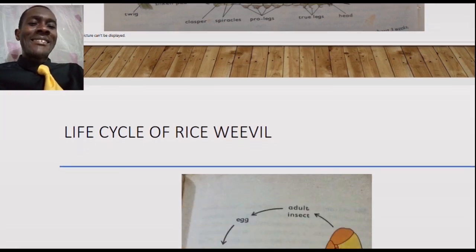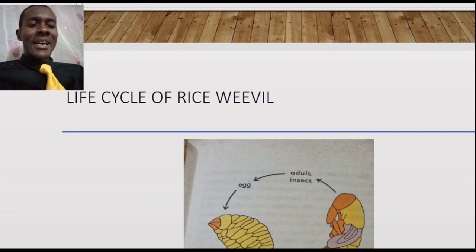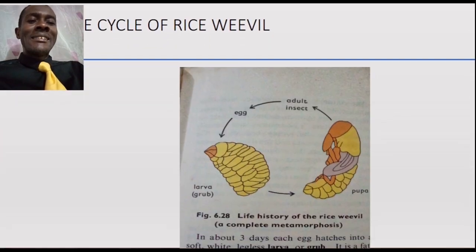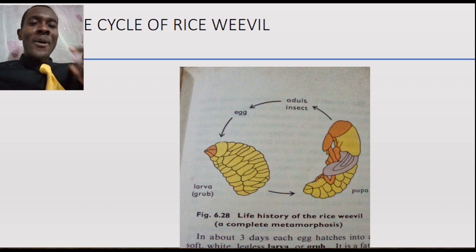The rice weevil is a rice crop pest. It feeds on rice grain. It reduces the quality of rice products. It attacks rice in such a way that it can even transmit some diseases and pathogens to the rice crop.